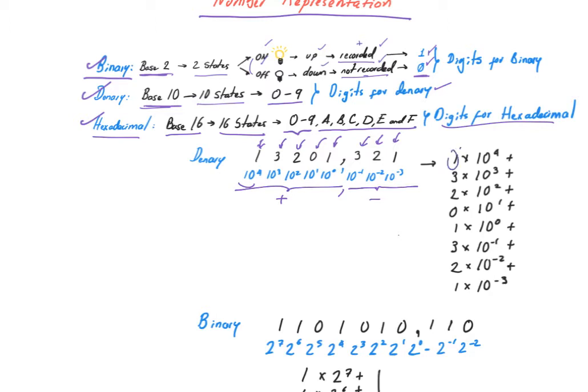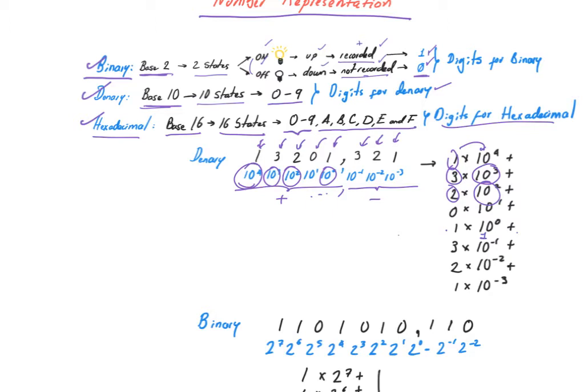1 times 10 to the power of 4, right? 3 times 10 to the power of 3, 2 times 10 to the power of 2, and so on. And here we have 10 to the power of 0, which is 1, right? So this is 1 times 1. And then we start with the negative powers.